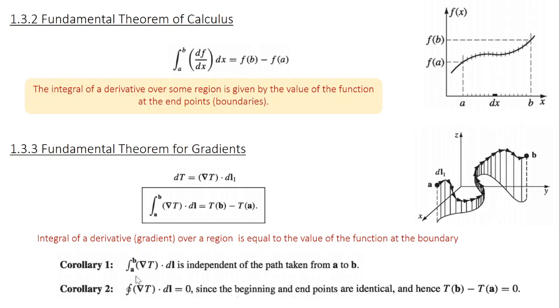Consequently, if you have a closed path, the initial point A is the same as the final point B. You can write T of B equal to T of A, so the right-hand side becomes 0. So the closed integral of grad T dot dl is equal to 0.